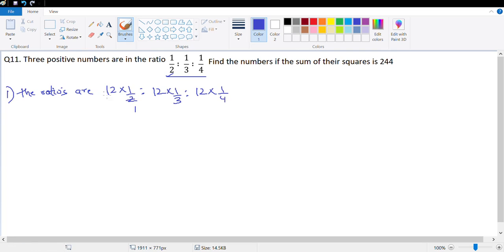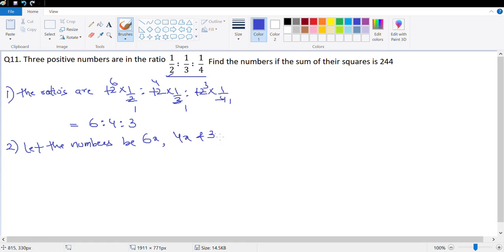So this is 6, 4, 3. So the ratios are 6 is to 4 is to 3. Correct? So let the numbers be 6x, 4x and 3x.